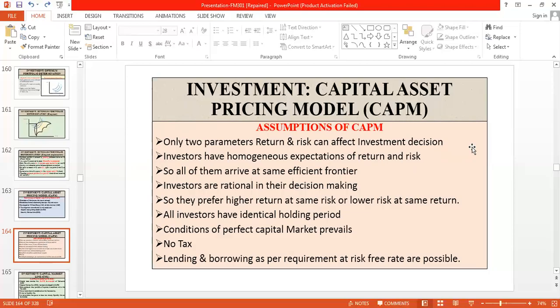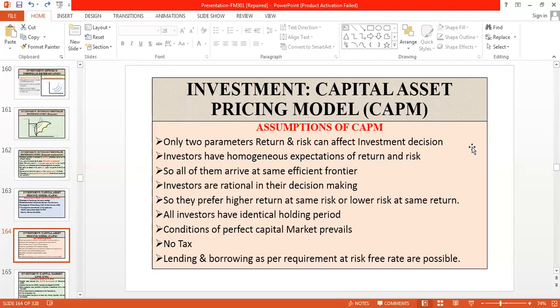These assumptions are made to make the environment simple. In fact, later on, they can be removed to make it more relevant for the practical field. It is required because it is a dynamic subject, and for better understanding of the concepts, some assumptions can be taken which will not ultimately affect the main conclusion that we are drawing from this theory.